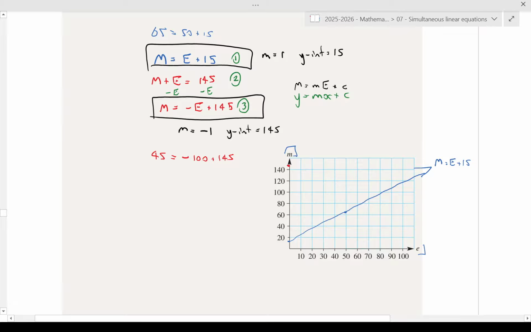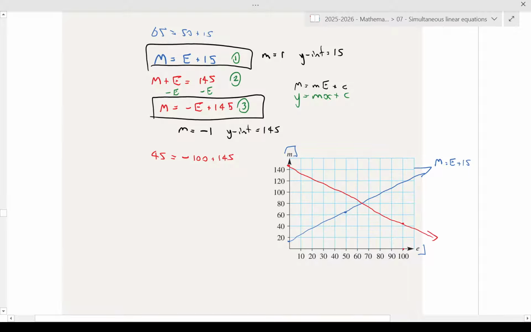So if my E equaled 100, then my final answer would be 45. And I can now draw that line. That's really bad, Russell. I need to do that. There we go, that's pretty good.